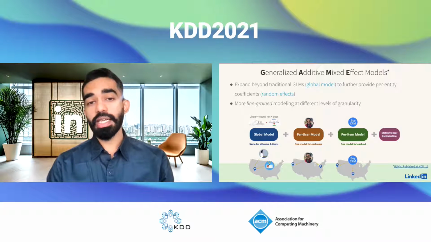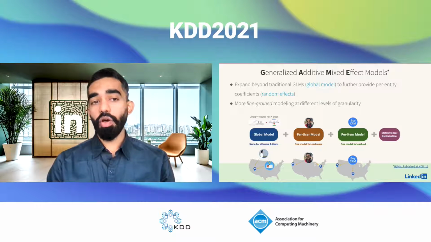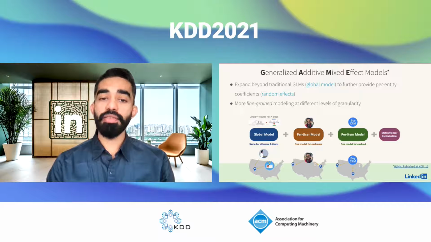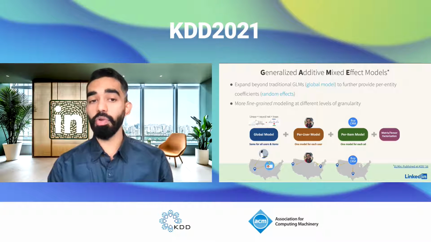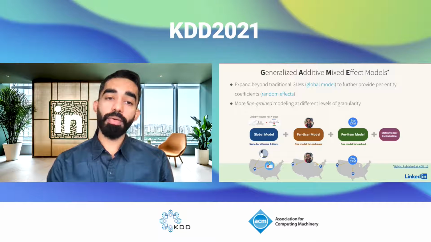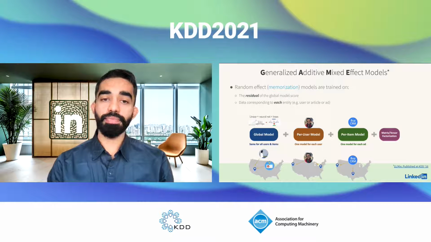The model we use at LinkedIn, we call a generalized additive mixed effect model. It's essentially an ensemble where we have a global model, which is either based on deep learning or uses embeddings or some form of nonlinear models. And then we have a large number of small models that are boosted over this global model. And these large number of small models are what we call the random effect models.